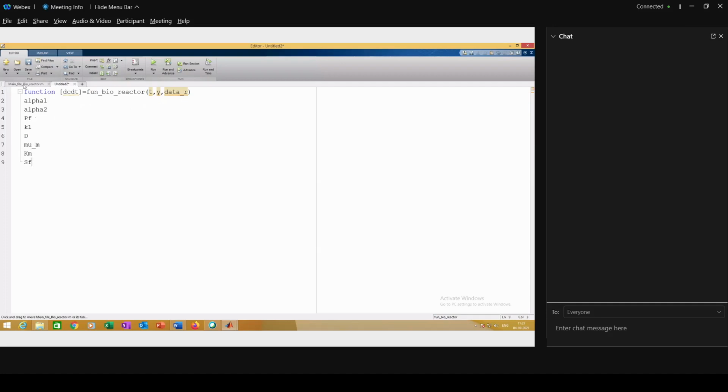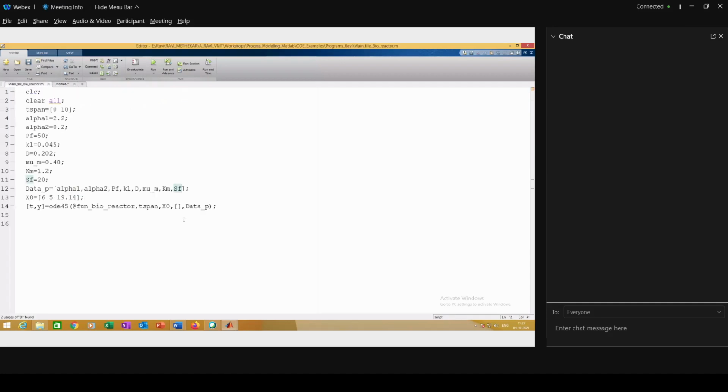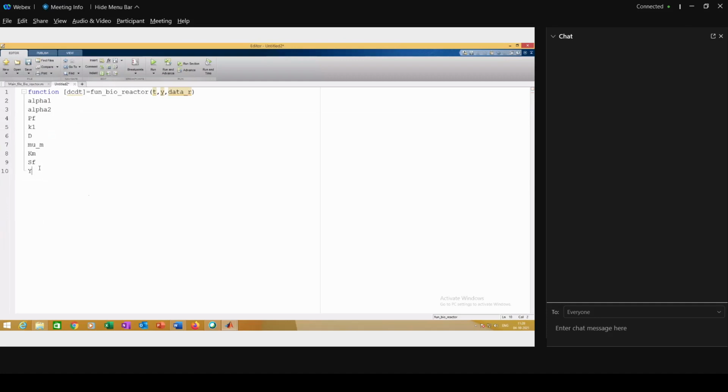And he suggested that there is a capital Y also, so I'm going to take capital Y inside this, and I'm going to write Y is equal to 5. At this point, I really don't know. So here I came and wrote Y. So I know that the first element of data underscore r is alpha 1.